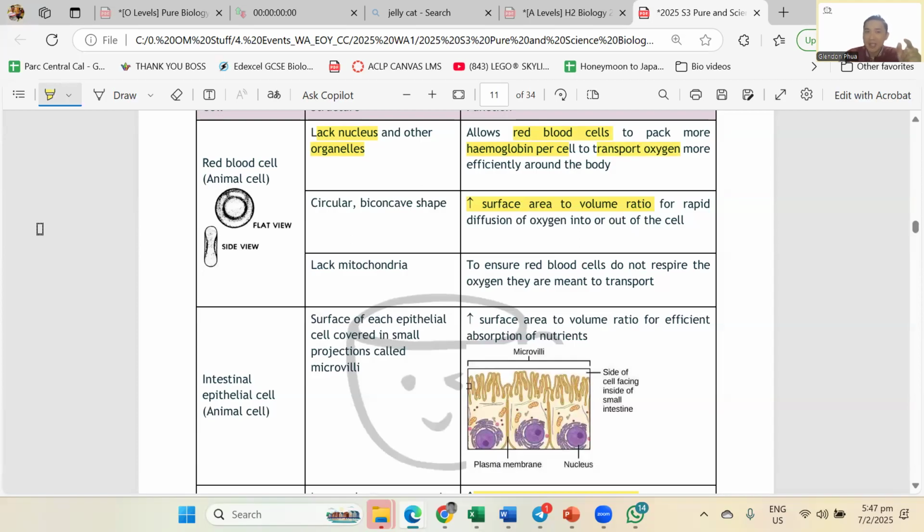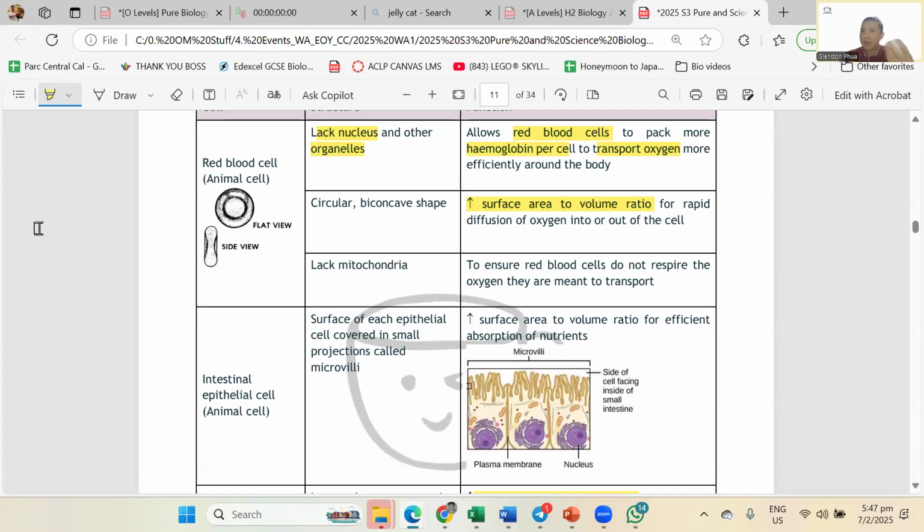All right. Okay, how to remember the lack of mitochondria? This one, classic example. How many of you order Grab food? Then when the Grab food reach your house, how come my pizza, large pizza, got one slice missing? What happened? The Grab driver eat my food. Wow, like that, not good lah. That's why I can't wait for the day AI happens. Then the AI deliver bot will deliver the pizza to my house.